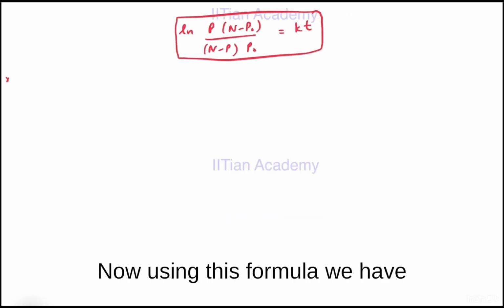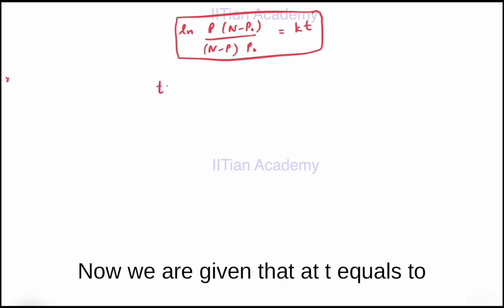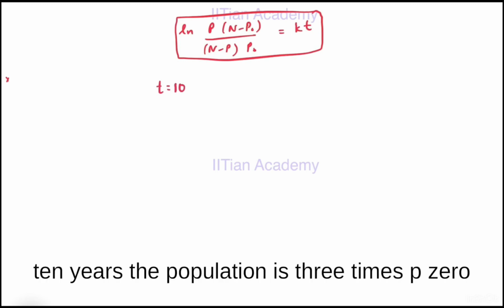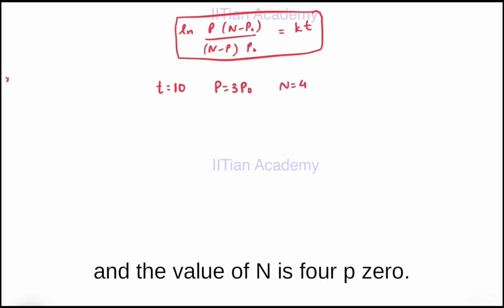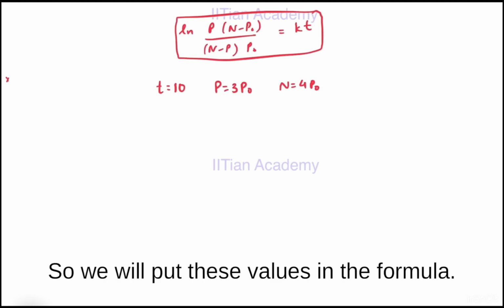Now using this formula we have to calculate the value of k. We are given that at t equals 10 years, the population is 3 times p naught and the value of n is 4 p naught. So we will put these values in the formula.